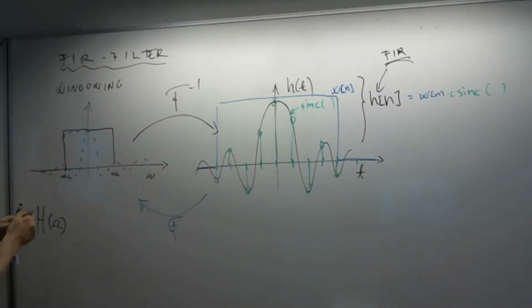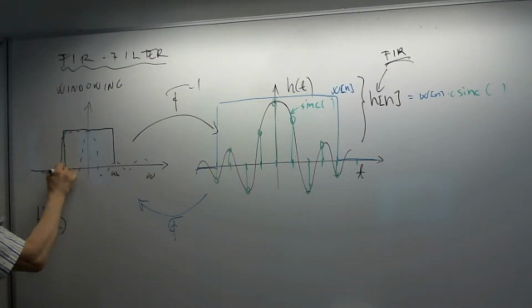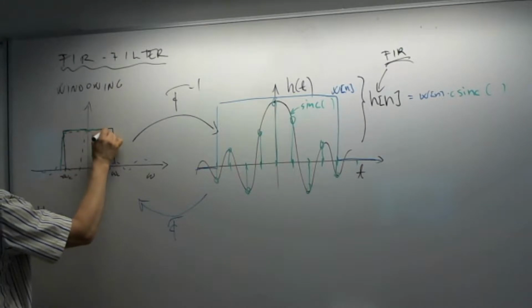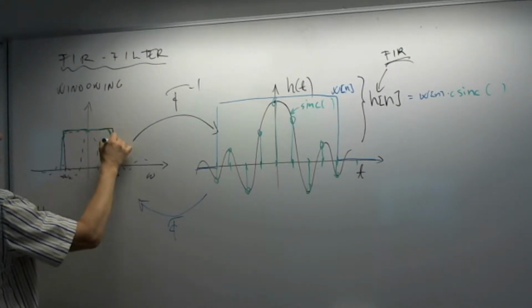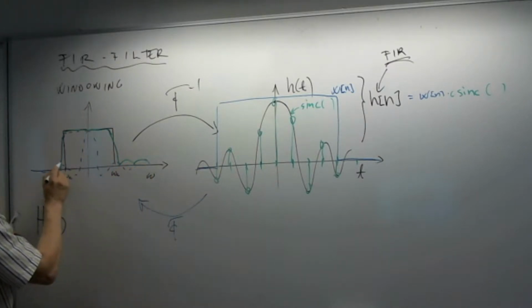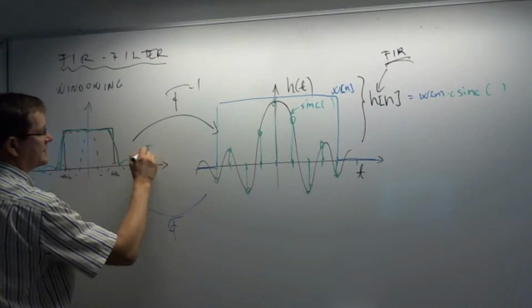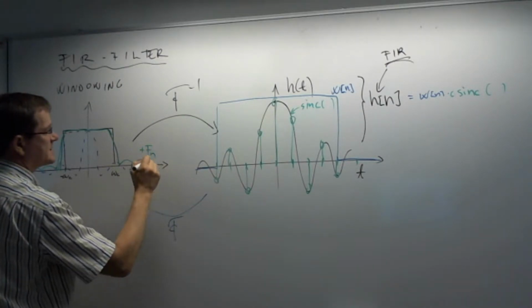So you will get some edge effects here, basically, and the absolute value. And of course, this is only valid between minus Nyquist frequency to plus Nyquist frequency.